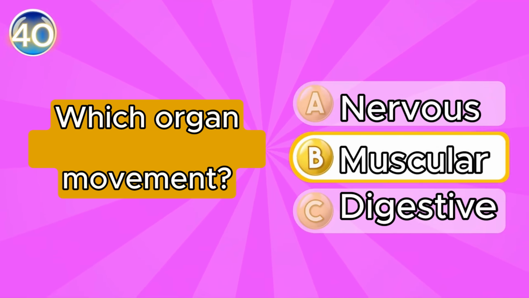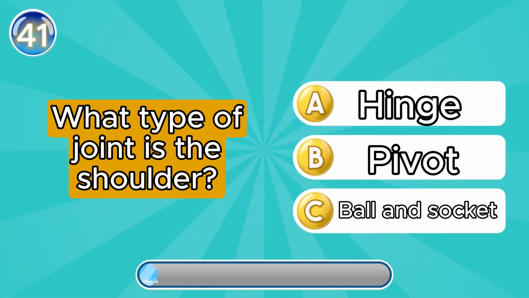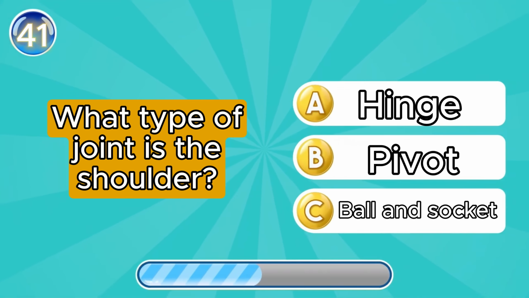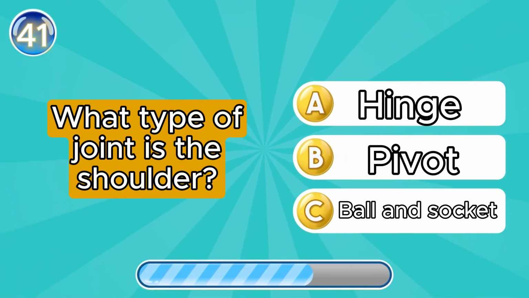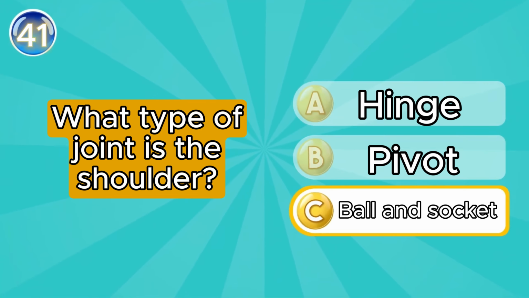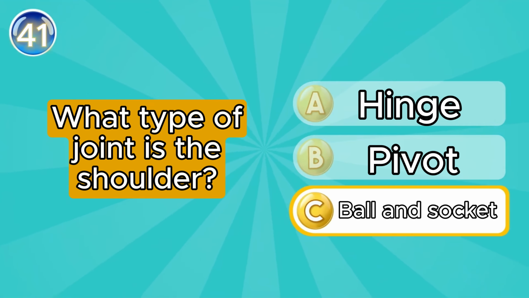Muscular. What type of joint is the shoulder? Ball and socket.